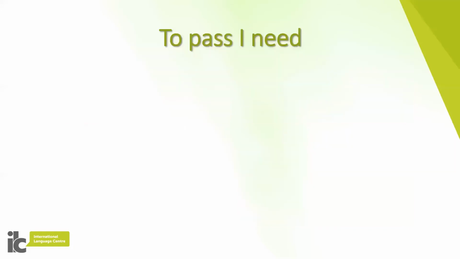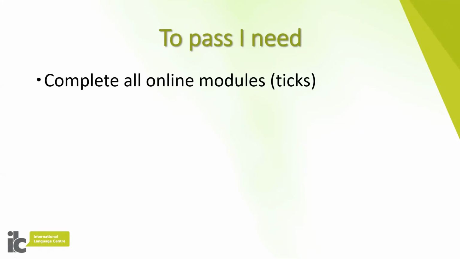So what do we need to pass this course, CELT-P or CELT-S? You have to complete all online modules. And when you are doing the modules, it is very important to tick the necessary boxes. There are a lot of boxes there, so you have to tick them. That will show that you learned all the modules, all the material.